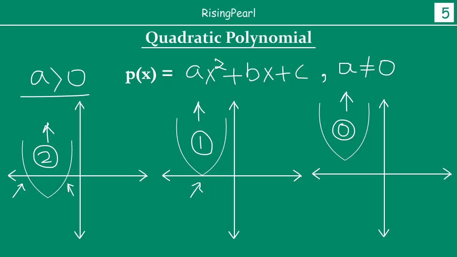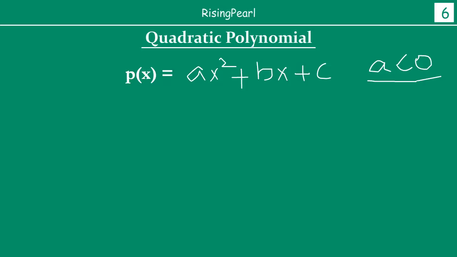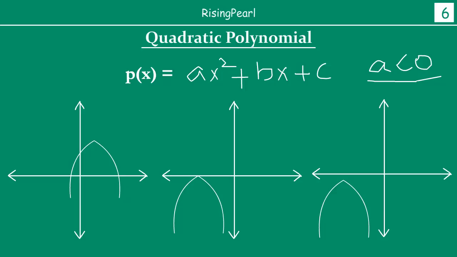Now what if the value of a is negative? Again, ax squared plus bx plus c is the standard way to write a quadratic polynomial. What if a is less than 0? If a is less than 0, we know that the graph looks like one of these scenarios.